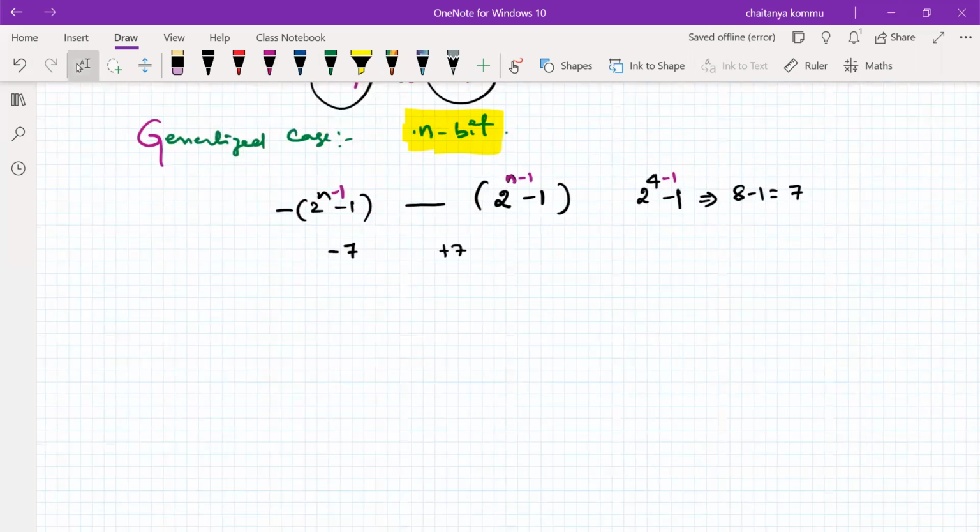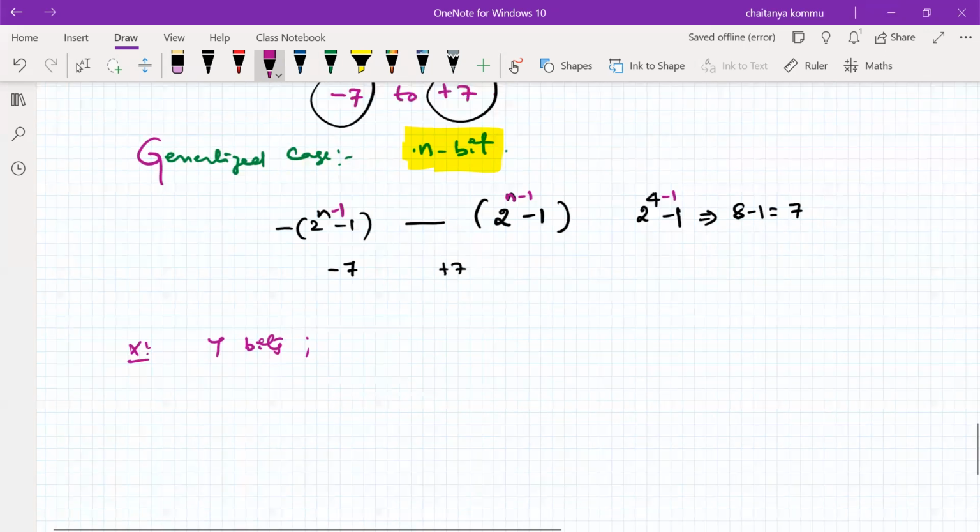So like this, for example, if I ask you one question: if I'm using 7 bits for a particular number in sign magnitude, what is the number range? Where does it start, where does it stop? Then how many numbers can be generated?